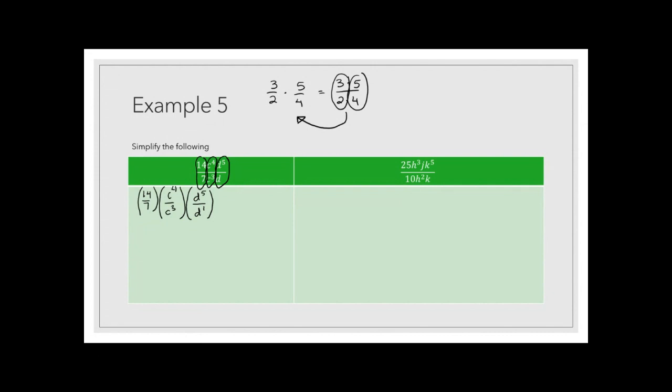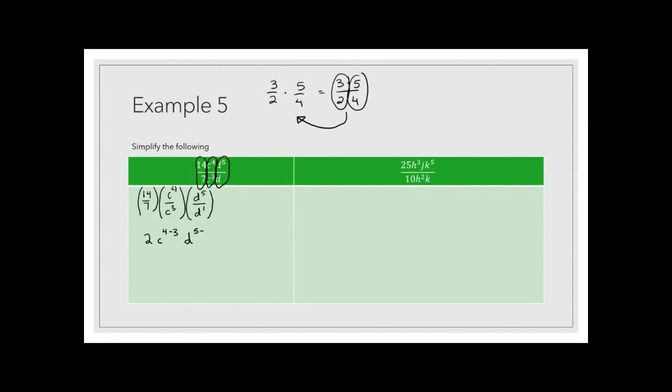So now I want to simplify. The 14 over 7, I can divide that. 14 divided by 7 is 2, so that gives me 2. Now I have my c to the 4th over c to the 3rd, so I'm going to subtract my exponents because I have division. It's top minus bottom, so that's 4 minus 3. And then on the d, again, I'm going to subtract.